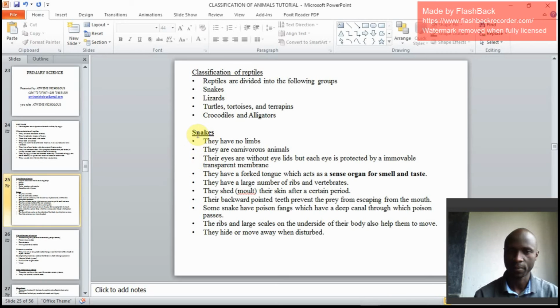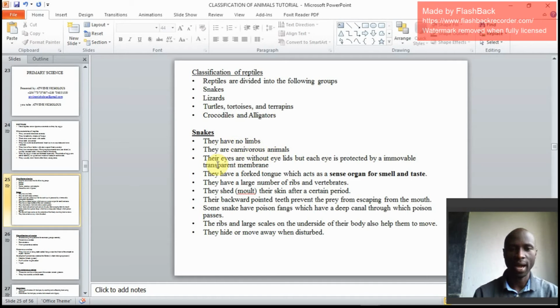Then we are starting with snakes. They have no limbs. They are unique on their own. They are limbless reptiles. They are carnivorous, meaning they feed on meat.